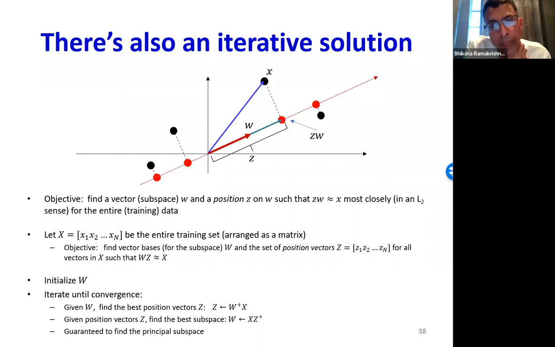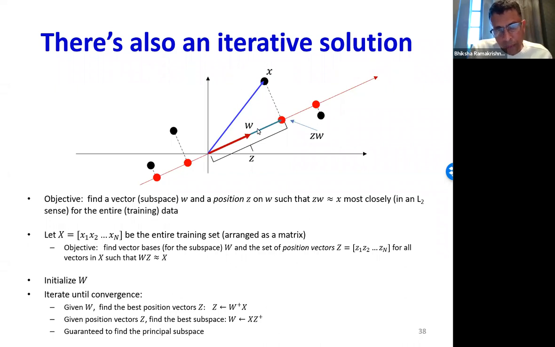But then there's also an iterative solution. And the reason there's an iterative solution is this. In the general case, if I'm not assuming any restriction on the length of W, then there are two things we are trying to estimate. We are trying to estimate the basis for the principal subspace, and for every data point, you're trying to find how it can be expressed in terms of these bases, such that the data point is projected onto the principal subspace.